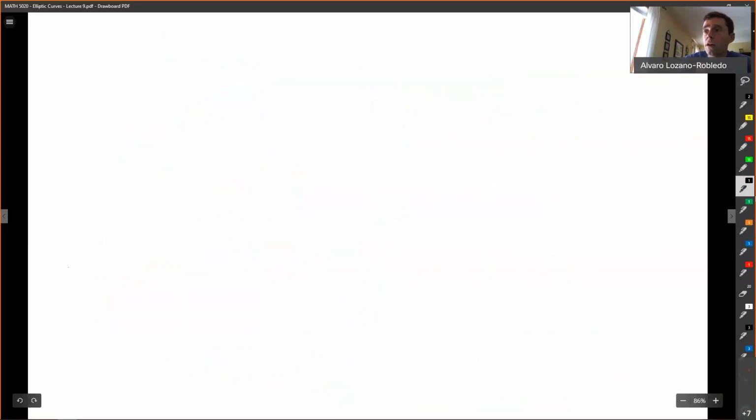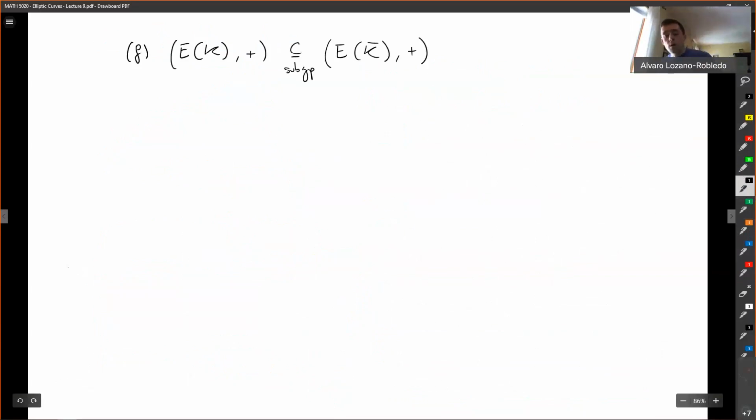So this is part F. The fact that the points over K are a subgroup of the points over K bar. So why is that? Well, let's just again assume that we're in characteristic away from 2 and 3, but actually the argument I'm going to write, I'm just saving myself some writing.